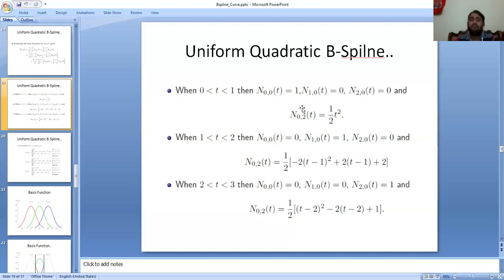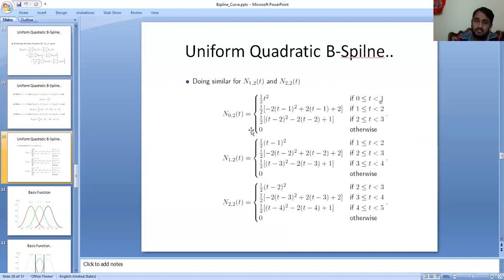So we have to repeat this for all the functions. N0,2, N1,2 and N2,2 you have to calculate. So you will get these functions between 0 to 1, 1 to 2, and 2 to 3.